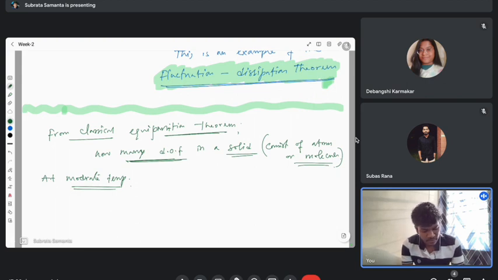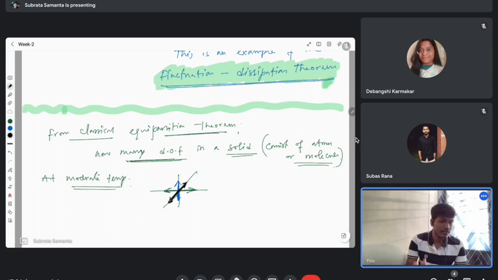If you consider a 3 dimensional lattice with this atom, it can vibrate in this way, in this way, and in this way also.